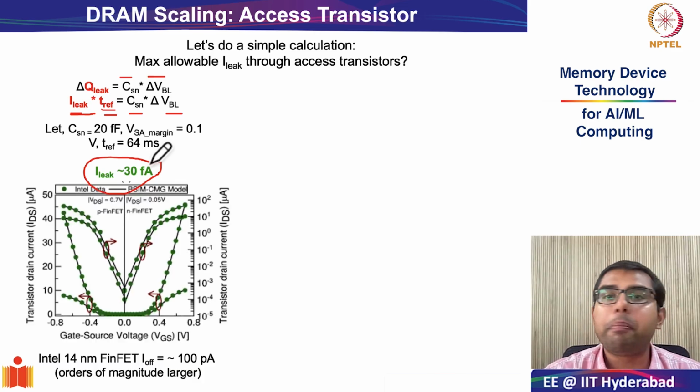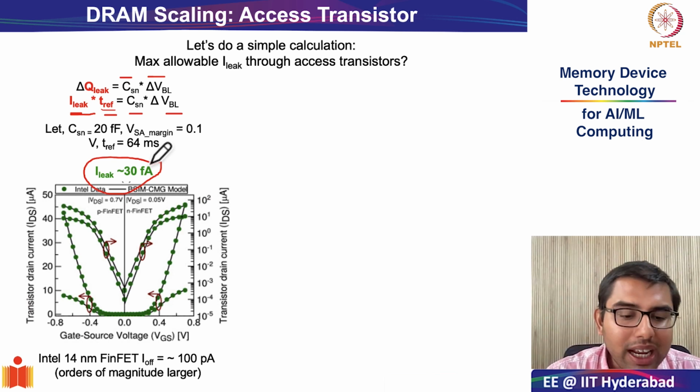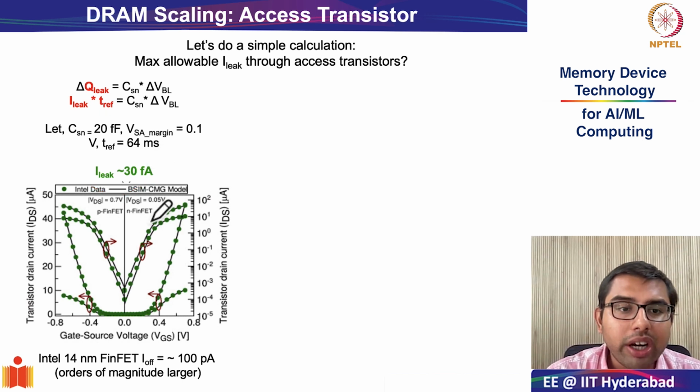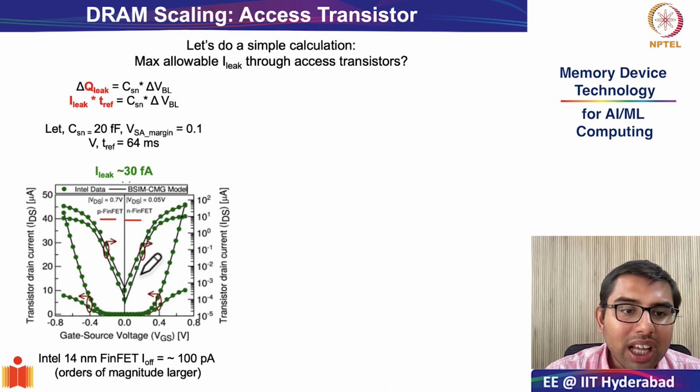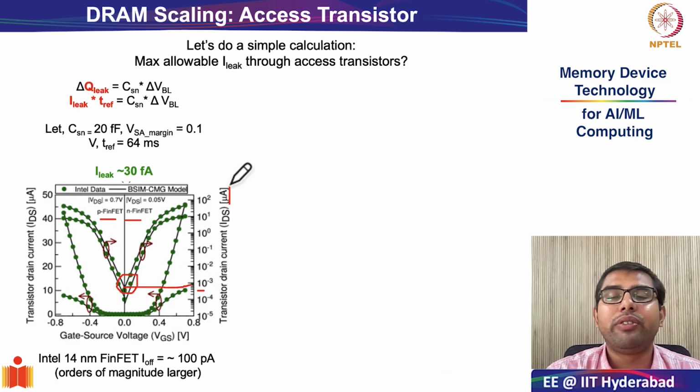Compared to what? Compared to your logic transistors. What I have essentially done is plot for you the on-off characteristics of the N FinFET and P FinFET in the 14 nanometer Intel FinFET technology. You see that the off-state current is around 10 to the power of minus 3 microamps, which is roughly 1 nanoamp.